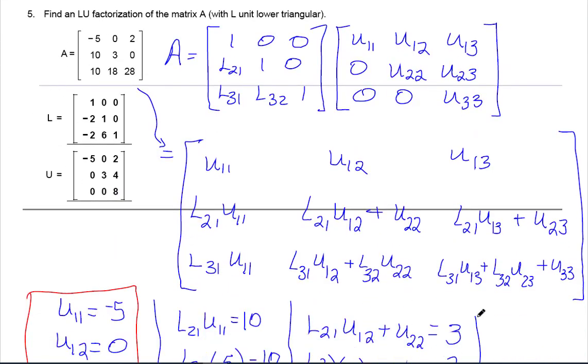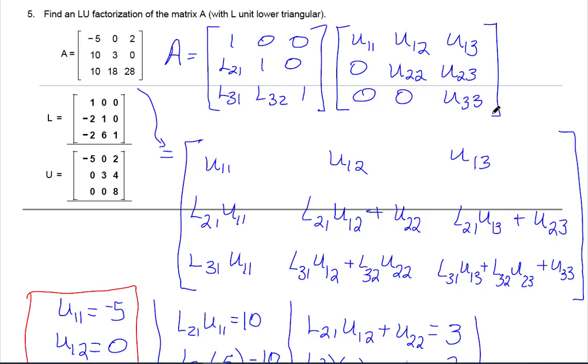In question 5, we're going to do the same thing but for a 3 by 3 matrix. So here's A. I want it L times U. L, ones down the diagonal, and numbers under that. U's on the diagonal and numbers above it.